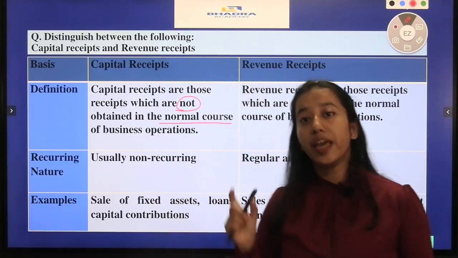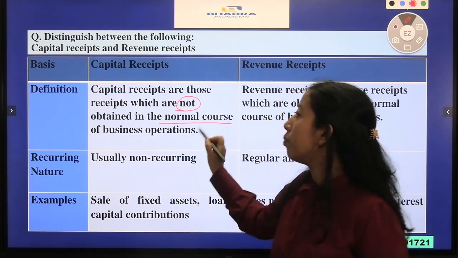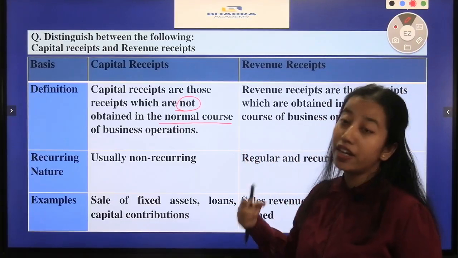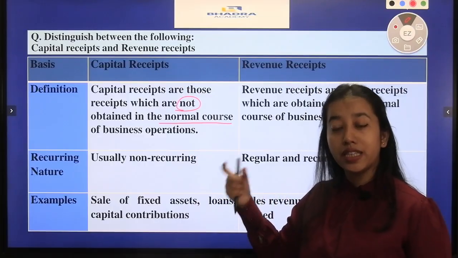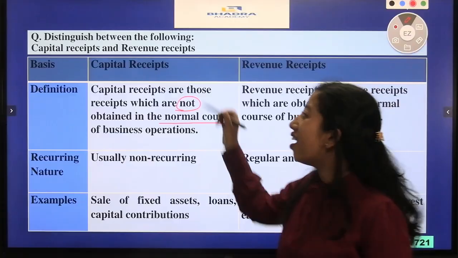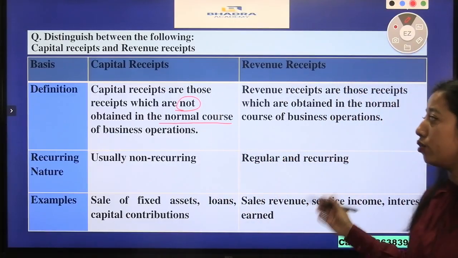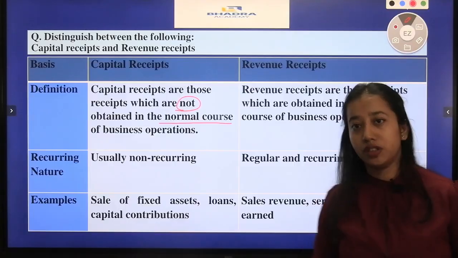That will be a capital receipt, and that is not a normal course of business operation. So we can say the amount received by selling of a plot of land is a capital receipt. So this is the definition. Capital receipts are those receipts which are not obtained in the normal course of business operations.